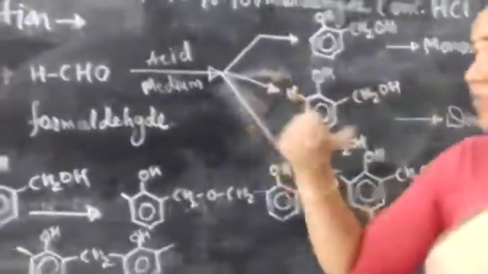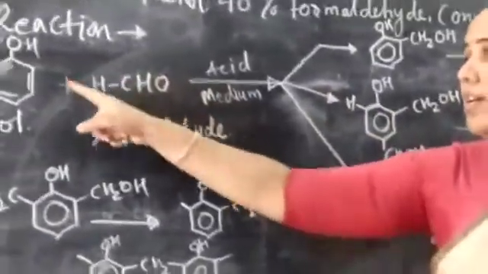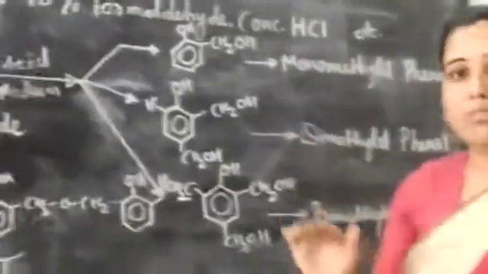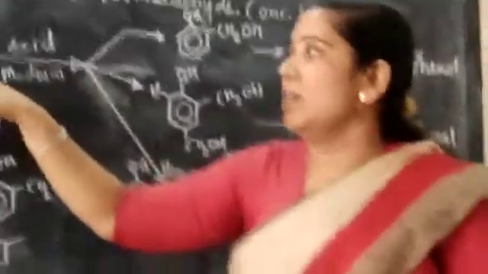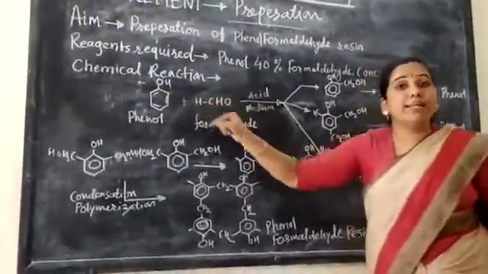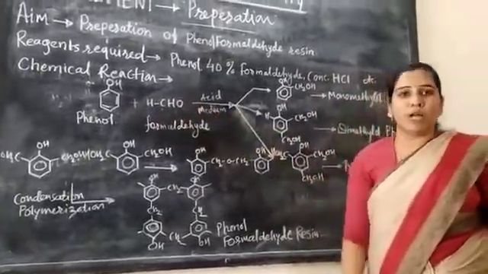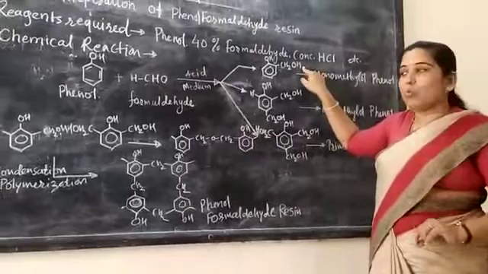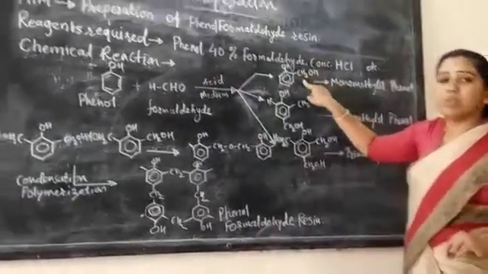You may have the question: HCHO, that is CH2O, is the addition of this group, and the H which was already there is now attached with this O. So in this way CH2OH is there. As it is ortho-para directing, it is attached to the first position.